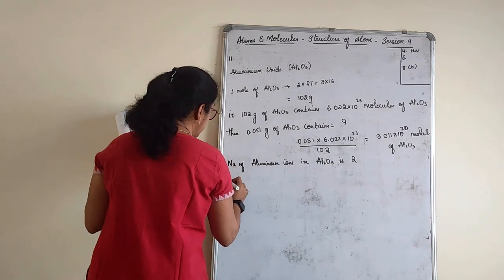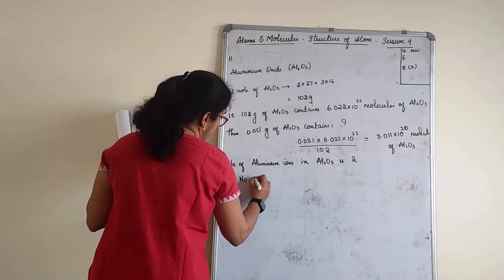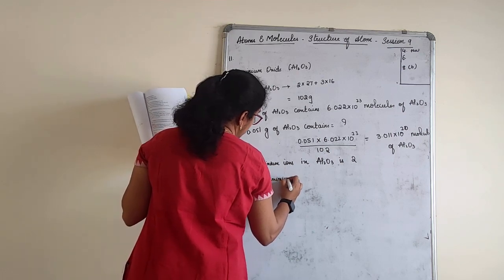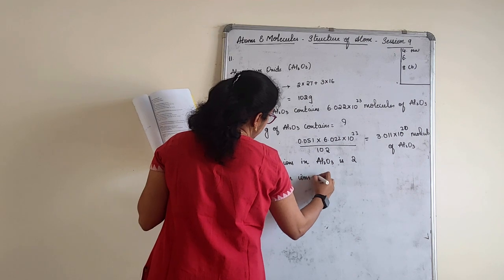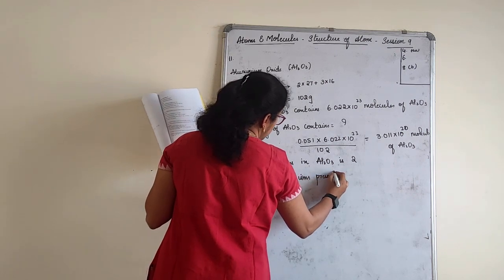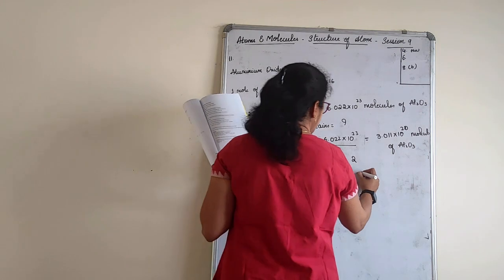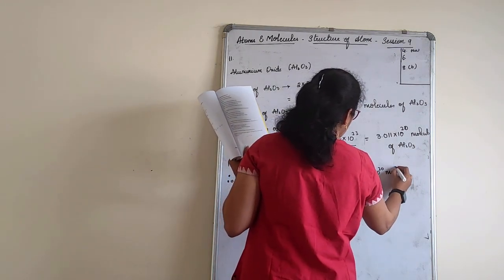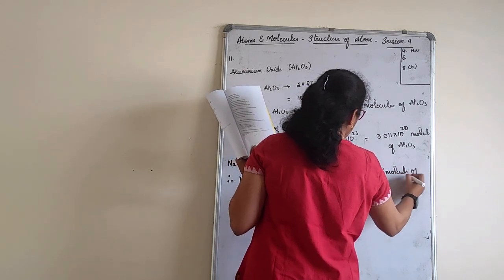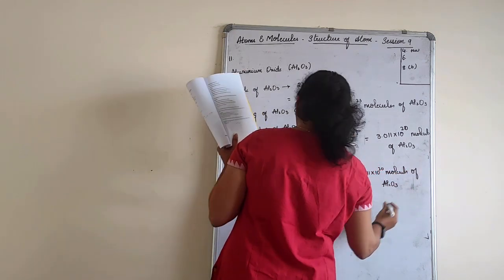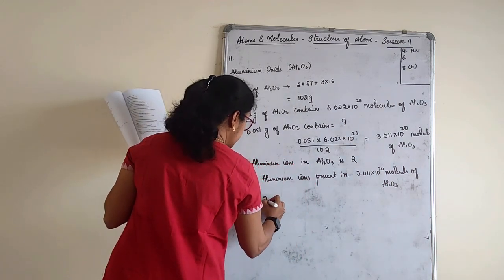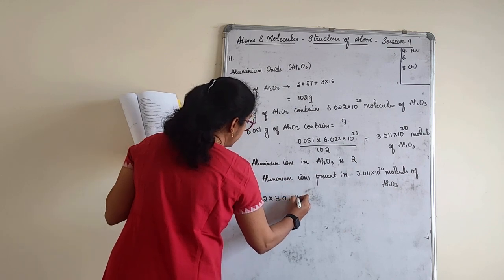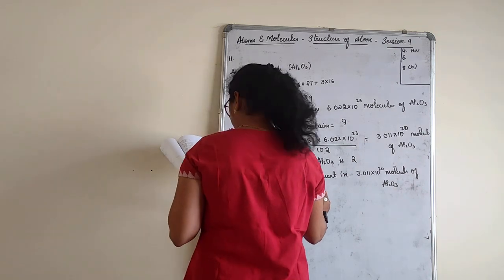Therefore, number of aluminium ions present in 3.011 into 10 raised to 20 molecules of Al2O3 is 2 into 3.011 into 10 raised to 20.